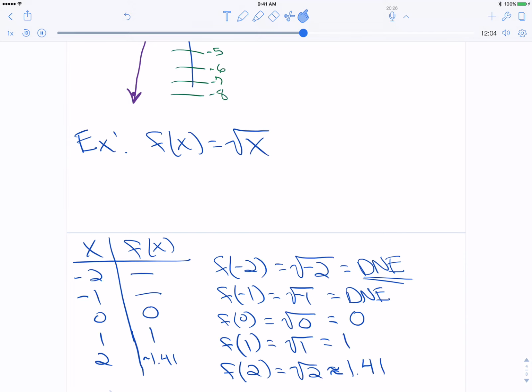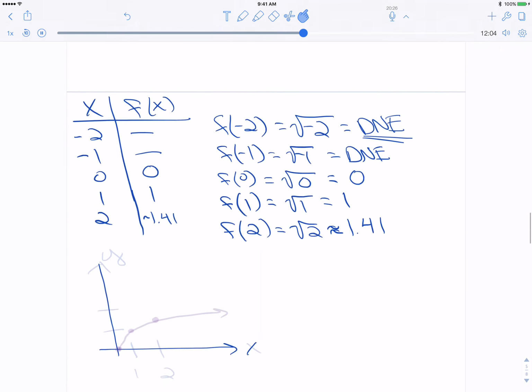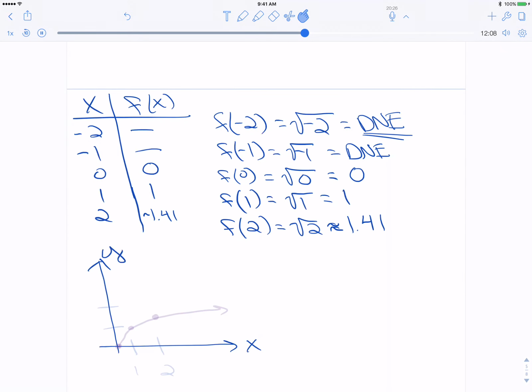So we can go and draw our axes, x and y. And we really only need to consider 0, 1, and 2 in this case. And then we can plot our data points. 0, 0. That should be, there we go. 1, 1.